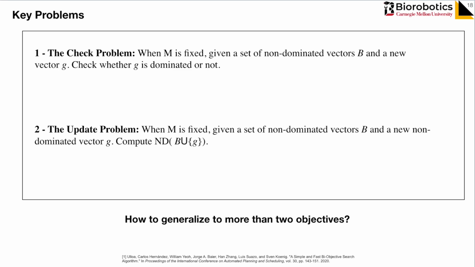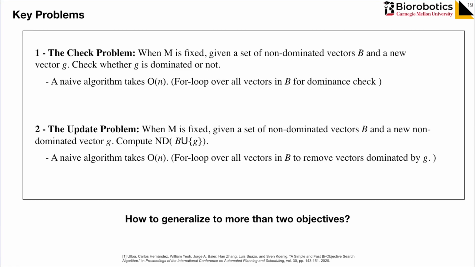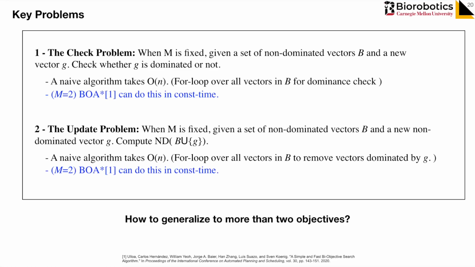Given a set of non-dominated vectors B and a new non-dominated vector G, we want to compute the non-dominated subset of B union G. A naive algorithm can solve this problem in linear time, that is, a for loop over all the vectors in B for dominance checks. And as we have seen, BOA star can do this in constant time by introducing this auxiliary variable, G2min.